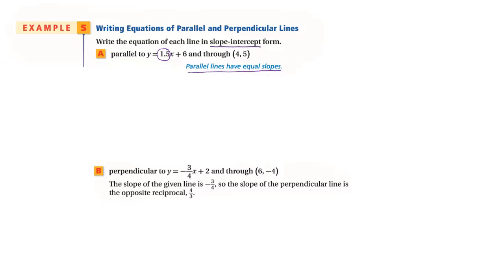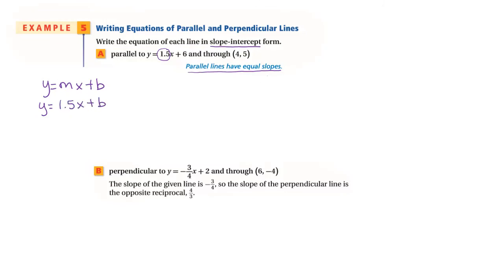This tells us to use slope-intercept form, which is y equals mx plus b. In this case, we already know our slope is 1.5. So y equals 1.5x plus b.